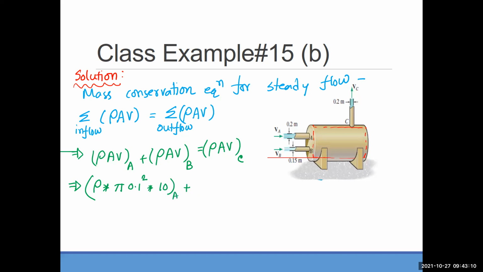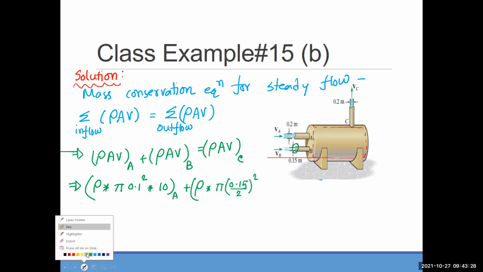I don't know anything about rho B also. And for area here, pi 0.15 over 2. Okay, I should use different type of parentheses here. Okay, I will just change a little bit.